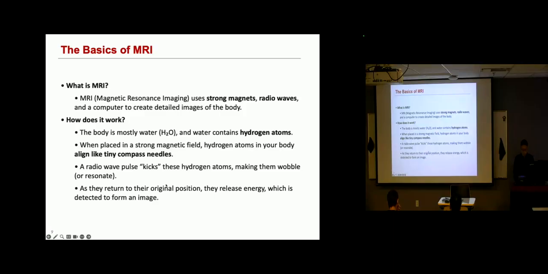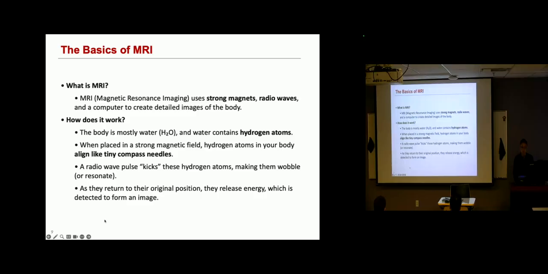So when a radio wave pulse is introduced, as we see in the video, we're sending this RF pulse through the machine. This will disturb the magnetic field, so these hydrogen atoms will rotate.